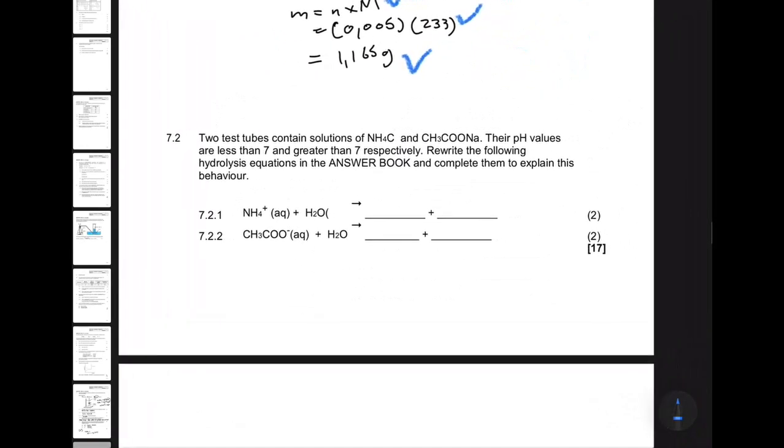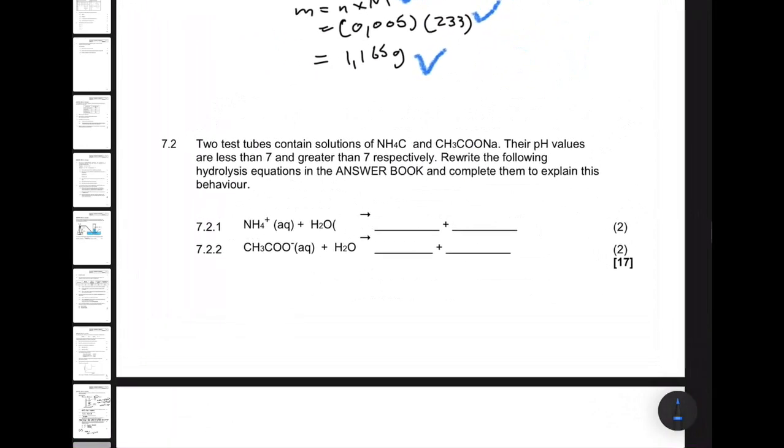And then 7.2 says two test tubes contain solutions of NH4+, I think, and CH3COONa. Their pH values are less than 7 and greater than 7 respectively. Rewrite the following hydrolysis equations in the answer book and complete them to explain this behavior.